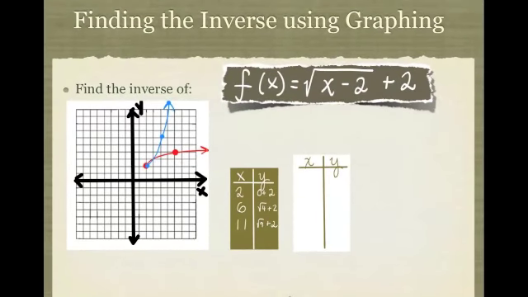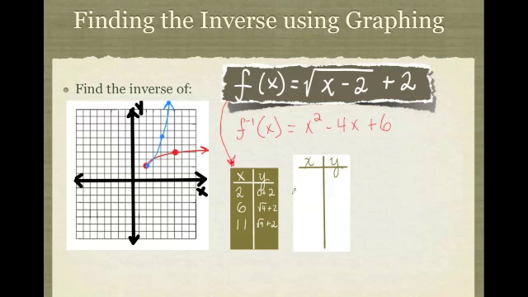Let's see what those look like graphically. Remember, we switched the x and y. We found out that the inverse of this function was x squared minus 4x plus 6. For my original function, I made a little table.